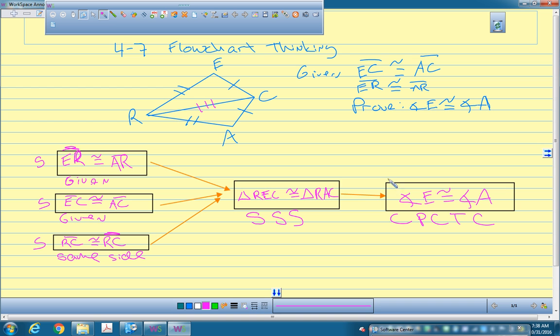Some people just start writing anything, they'll put that over here, or over there. But the important thing is that you are organizing your thinking and putting it together into a deductive argument. Okay?